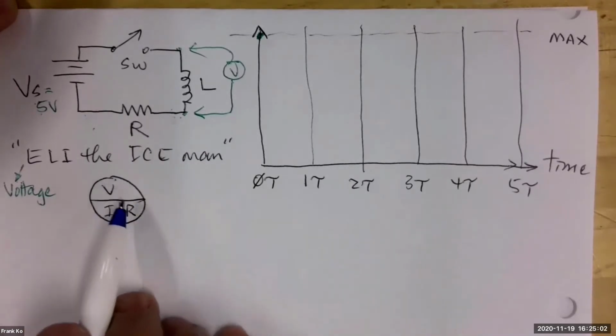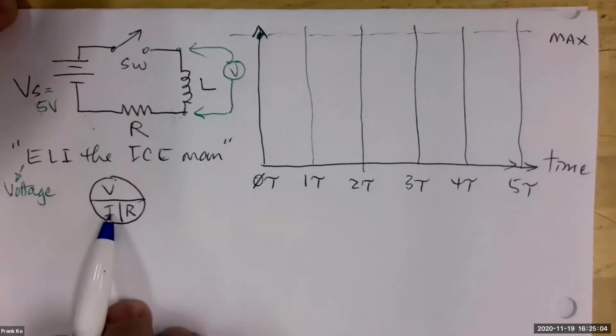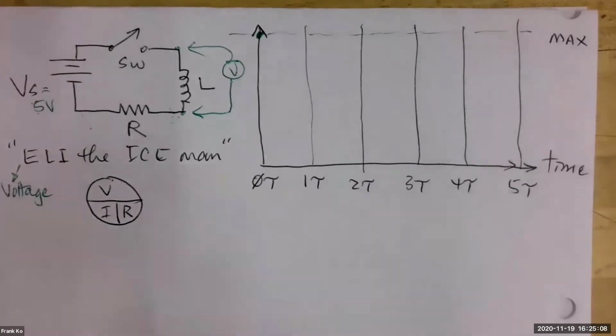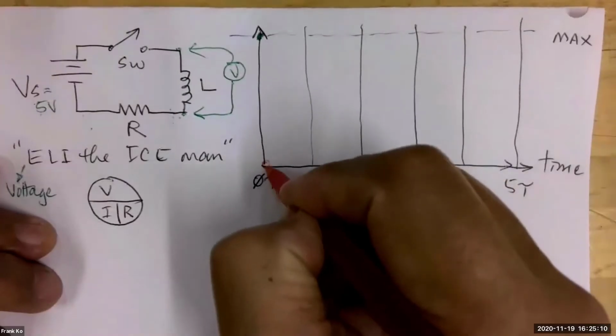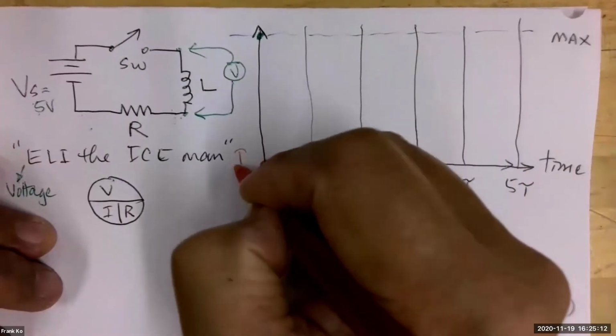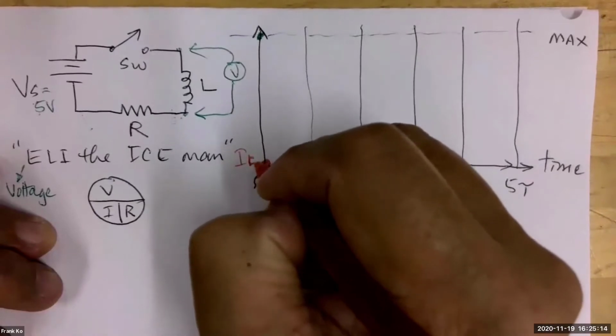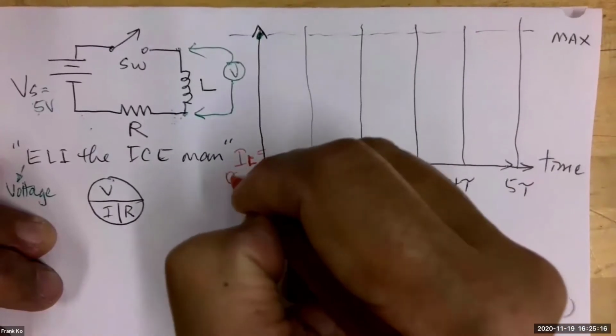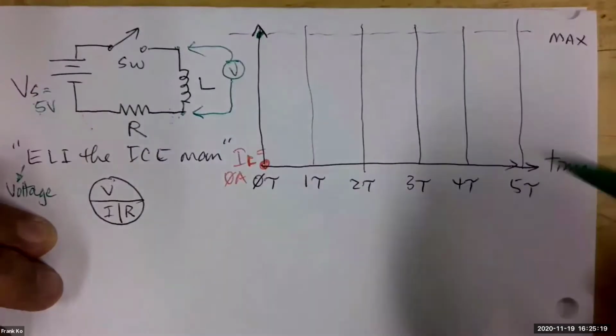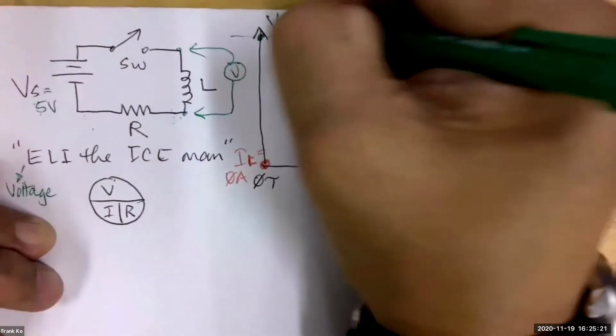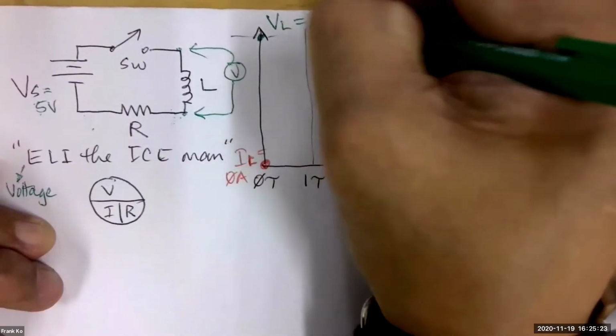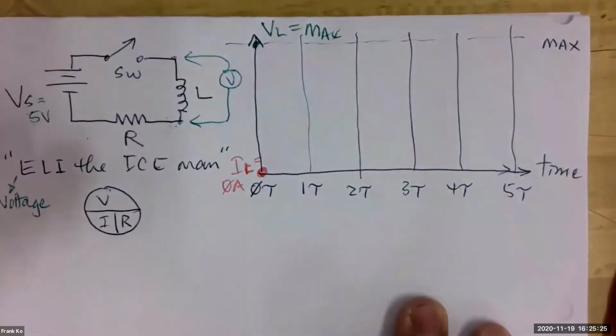You have a 0 divided by ohms. What are you going to calculate? 0 current at that moment. So current will be down here, and this will be IL equals 0 amps. Whereas up here, your VL is equal to maximum at the very beginning.